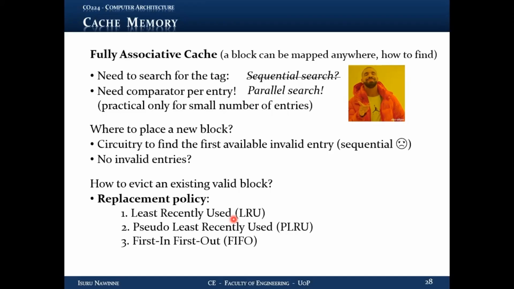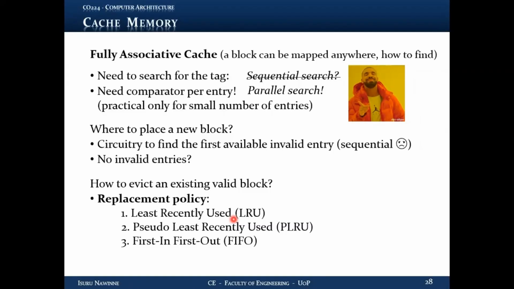Right? In real practical caches, the LRU replacement policy is not always used because it's really complicated, and it's going to make the cache controller very complex and slow, and costly. Hardware wise, it's going to make it very costly.